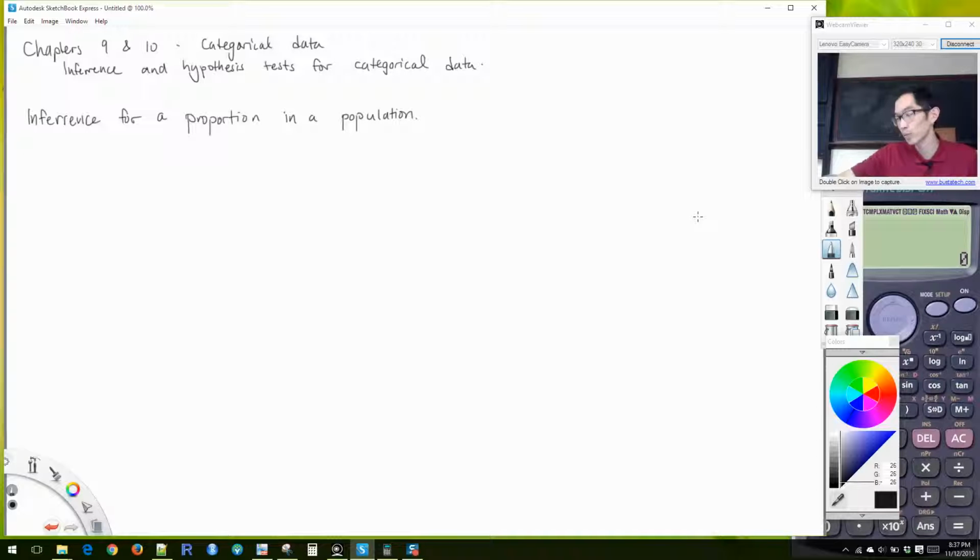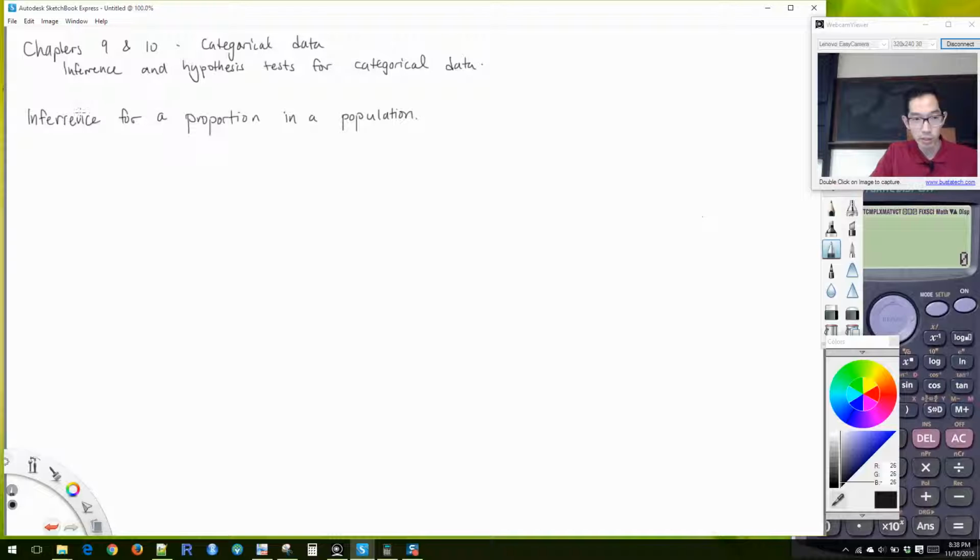How many people have this? And then we often turn those counts into proportions. So what we're going to do is inference for a proportion in a population.